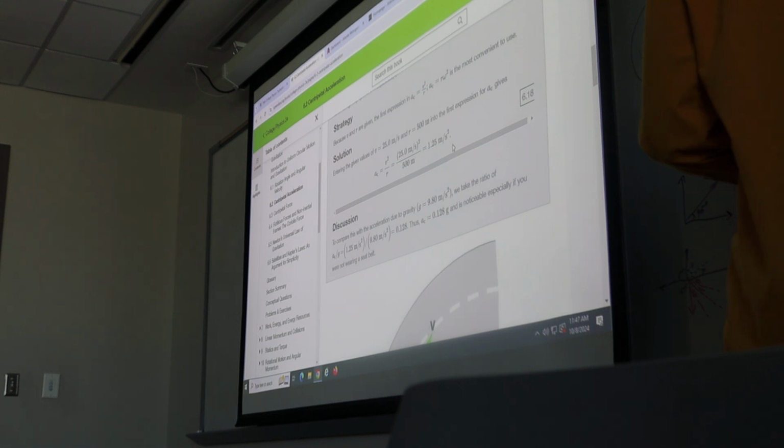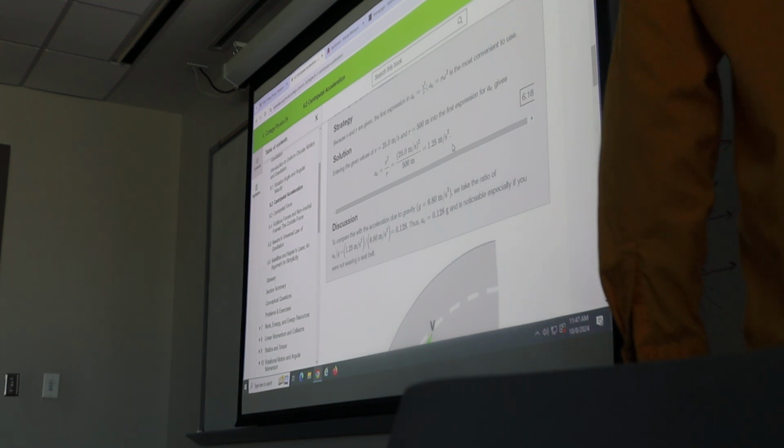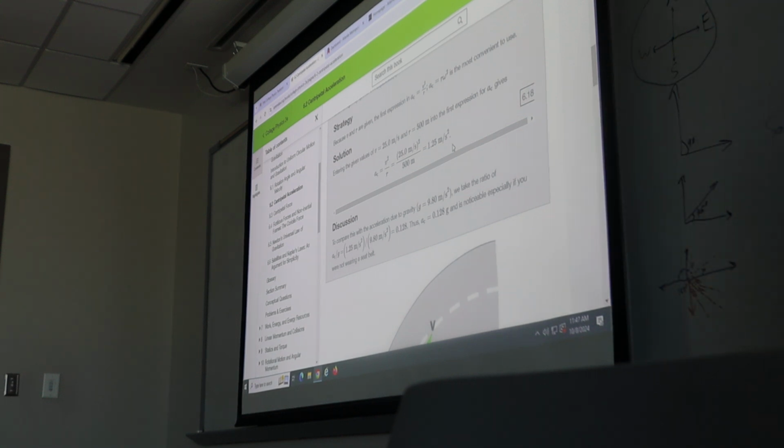Squared. Divided by... 25.8, and they should give me a percent squared. But I have the square of a meter, cancel that out, meter, and then I have a second up here. So now I have meters per second squared.